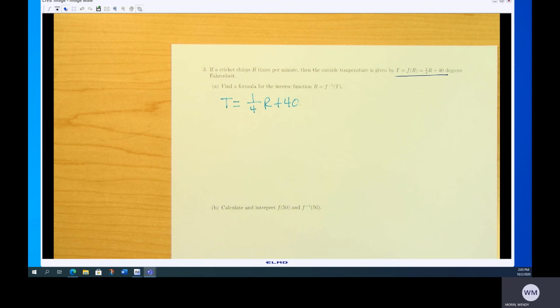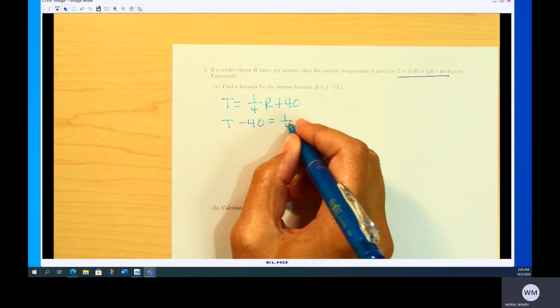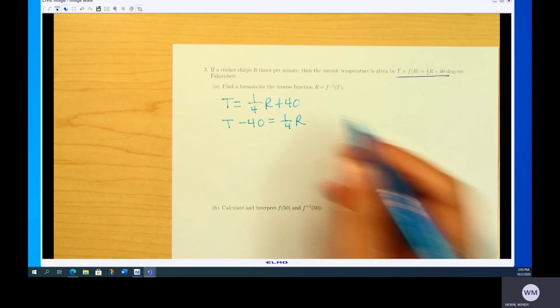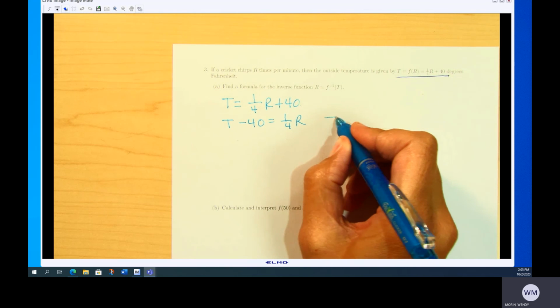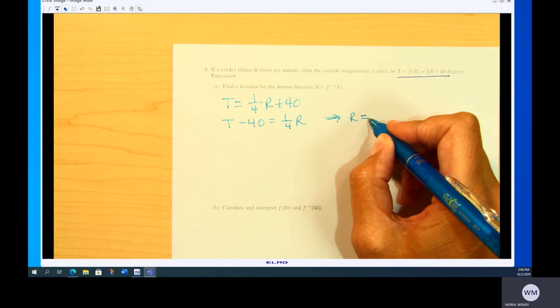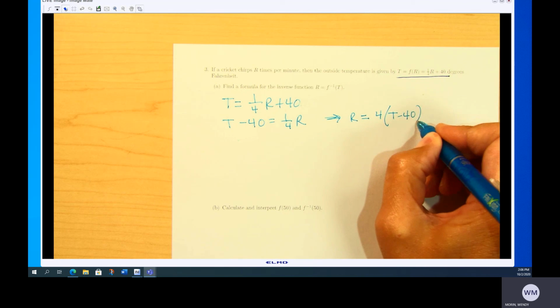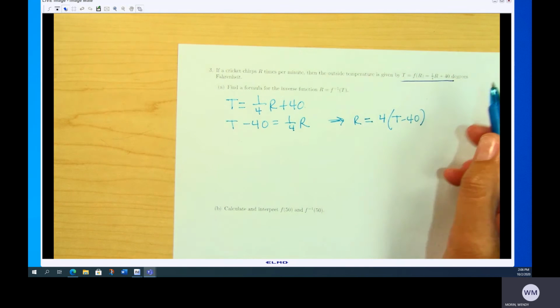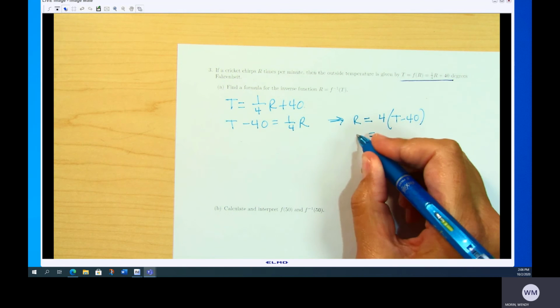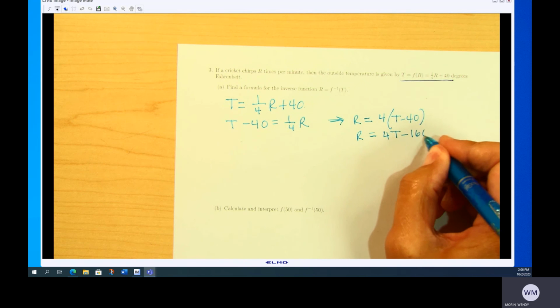So if you're trying to solve for R, what would you do first? Well, I would subtract 40. So T minus 40 equals 1/4 R. To solve for R, R is equal to 4 times the quantity, you're multiplying the entire side by 4 to get R by itself, or R equals 4T minus 160.